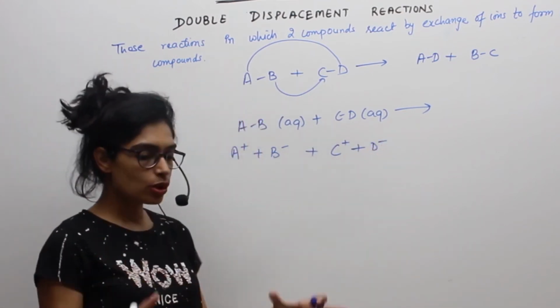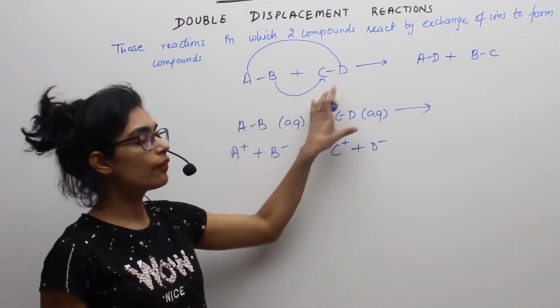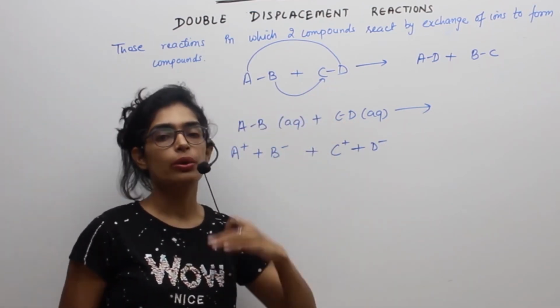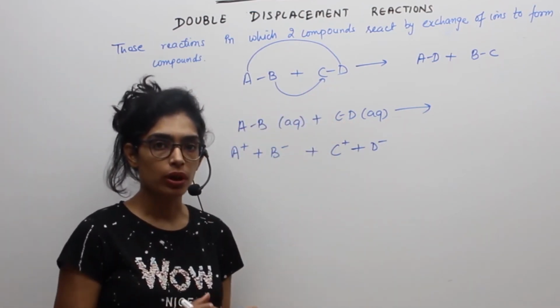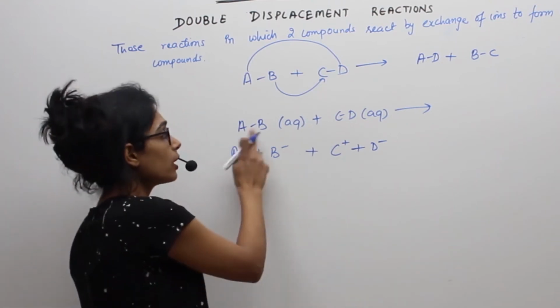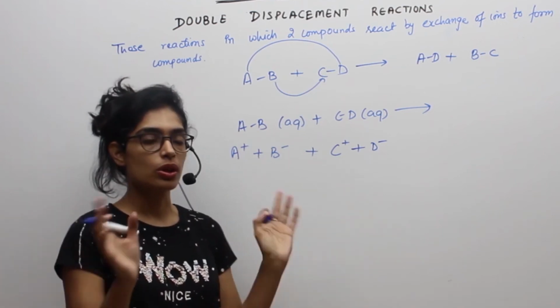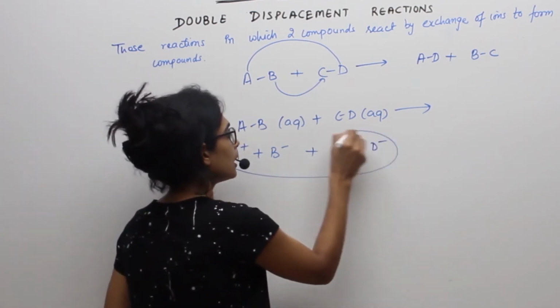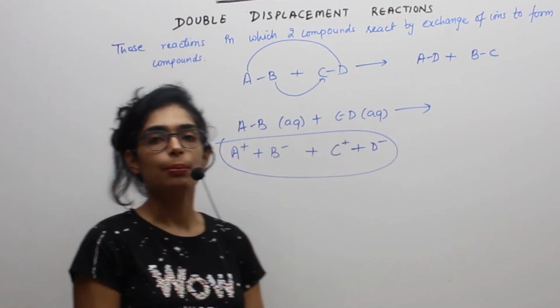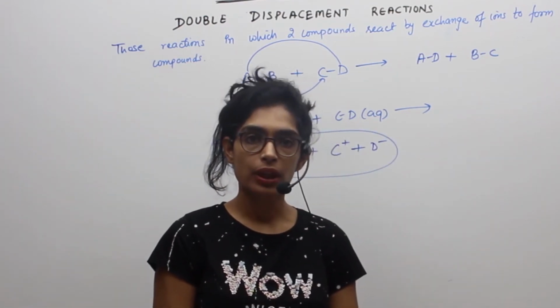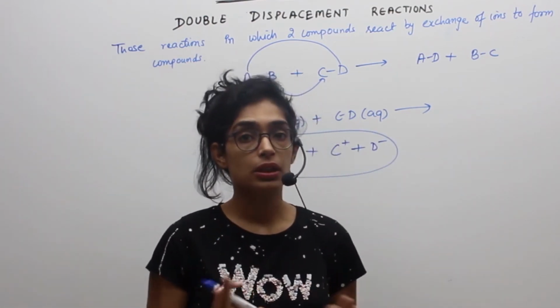So basically in a solution mixture you have kept AB and you have kept CD. Both are dissolved in water, and when both are dissolved in water, they are not in the bonded state anymore. They'll just split into ions. So now in my solution, these different ions are present. There is no compound in the solution mixture.